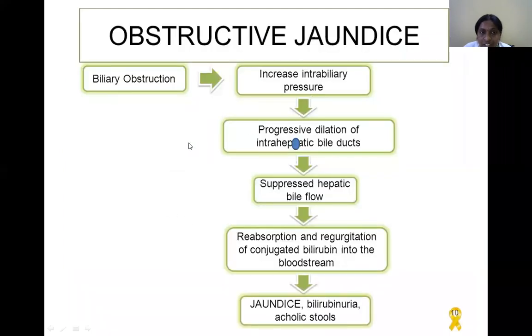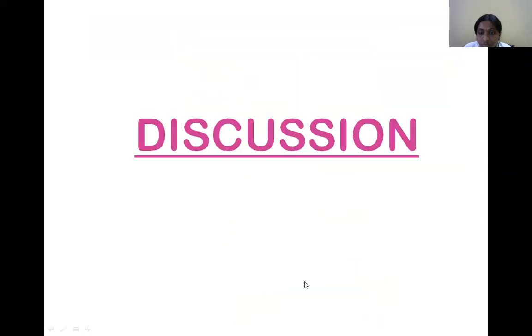In obstructive jaundice, biliary obstruction increases the intrabiliary pressure and causes progressive dilation of intrahepatic bile ducts, suppresses hepatic bile flow, and causes reabsorption and regurgitation of conjugated bilirubin into the bloodstream, which results in jaundice, bilirubinuria, and acholic stools.